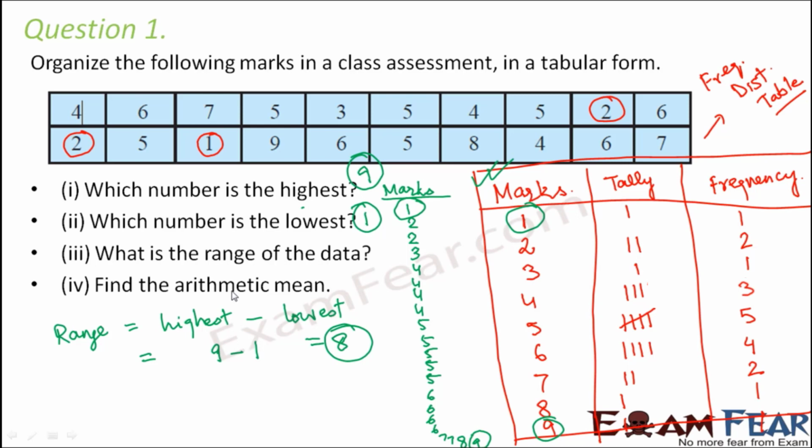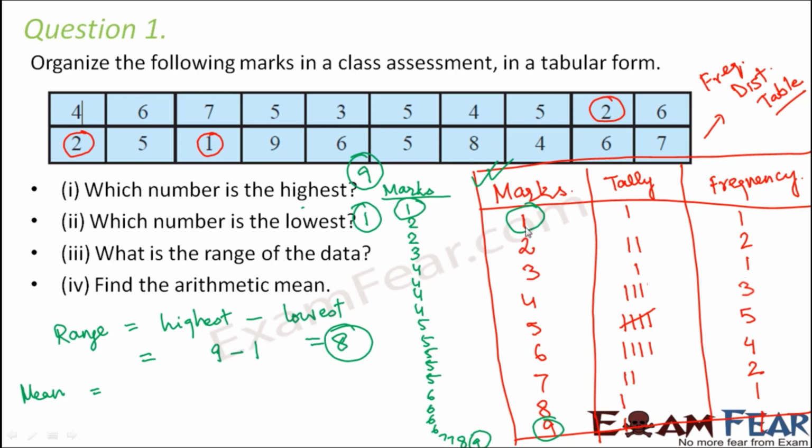Fourth one, find the arithmetic mean. How do we calculate mean? You remember, mean is the sum of all the observations divided by the number of observations. So how many observations do you have? In this case, in order to find mean, you would need this table, because if you use the other table, it might confuse you, since each mark is not repeated as many times as it occurs.